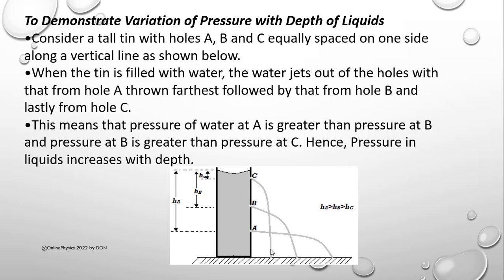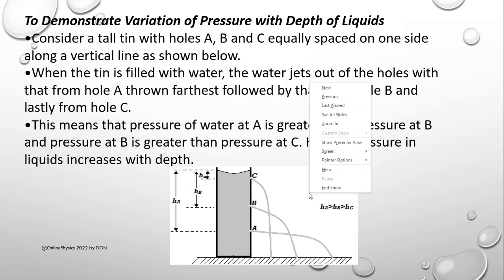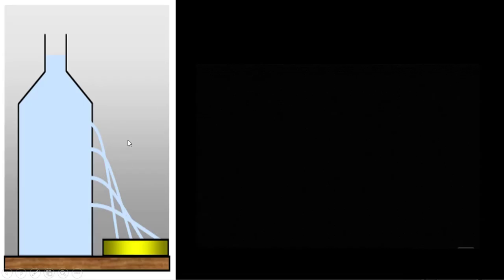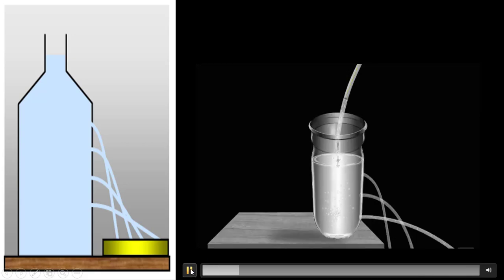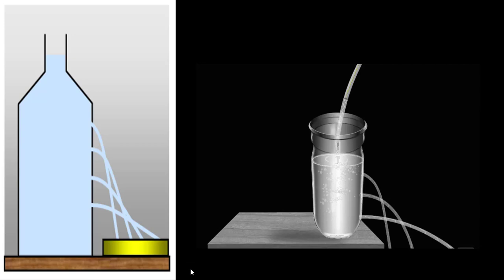So moving to the next presentation to emphasize more on what we are having. This is a diagram, a picture of a liquid in a container, and you can see those jets as we have seen in the diagram above. So check that video. Water is being put into a container and you can see those jets.